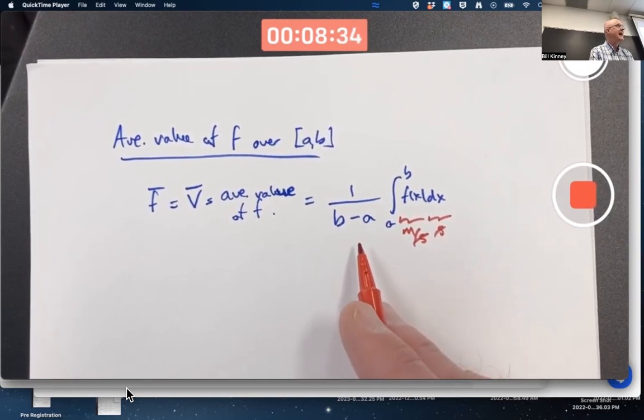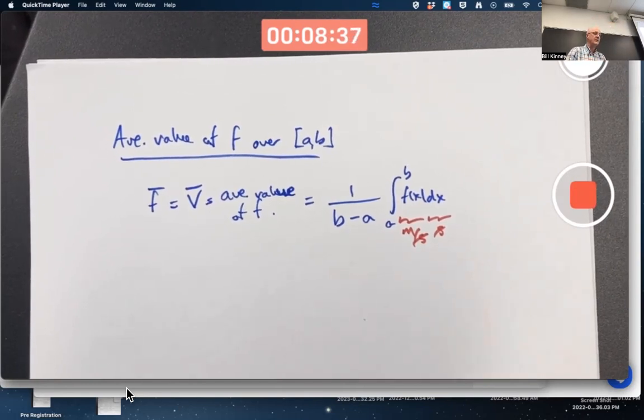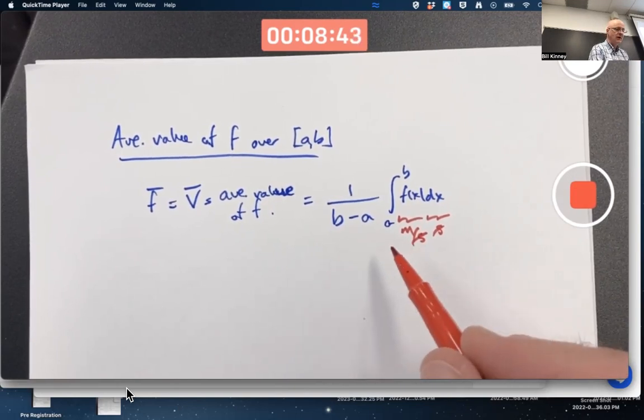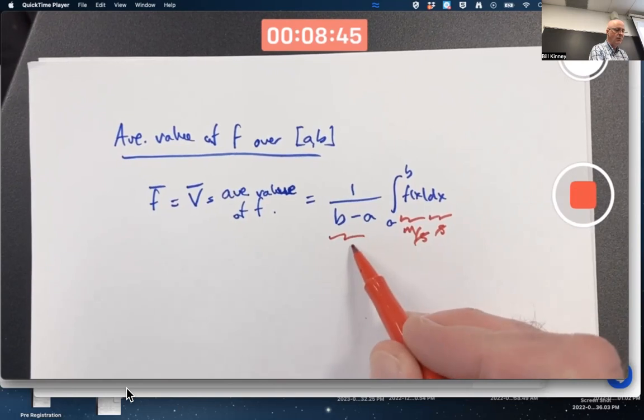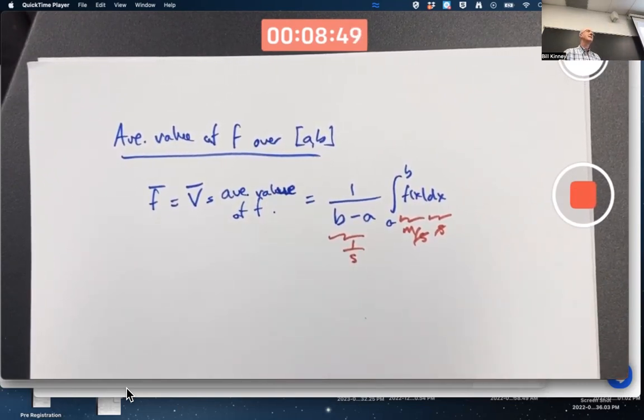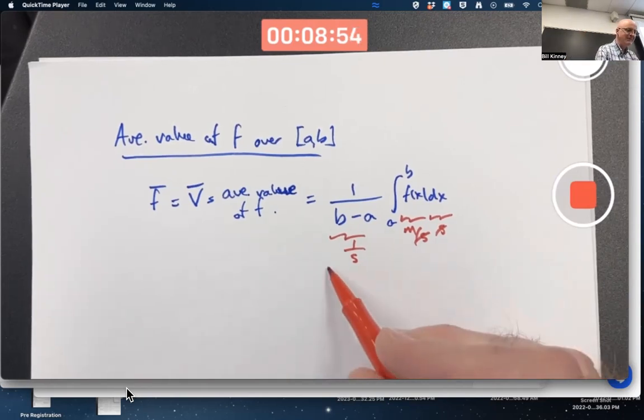1 over b minus a has units of 1 over whatever the units of x are. a and b are numbers on the x-axis. They have the same units as x. So if x is in seconds, this would be in 1 over seconds. And the final units for the integral times 1 over b minus a would then be in meters per second.